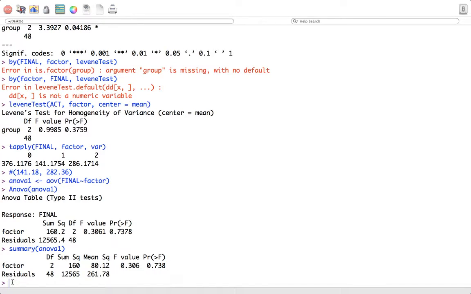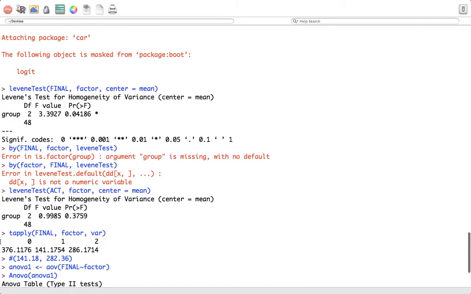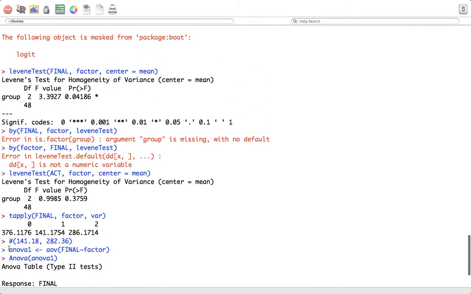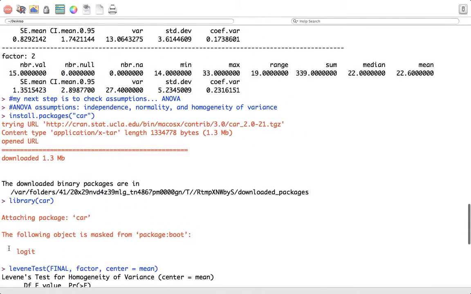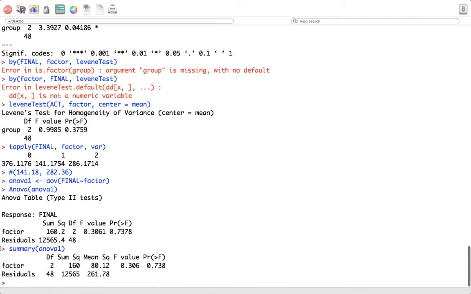Now, what I want to do is switch gears from ANOVA, and really everything we've done so far has just been for ANOVA. We haven't really even thought about ANCOVA yet, because the only assumption I've tested so far is equal variances, and again, we could have tested Shapiro for normality, but I'm not worried about that from the histograms. But what I want to do now is switch gears from ANOVA to ANCOVA.